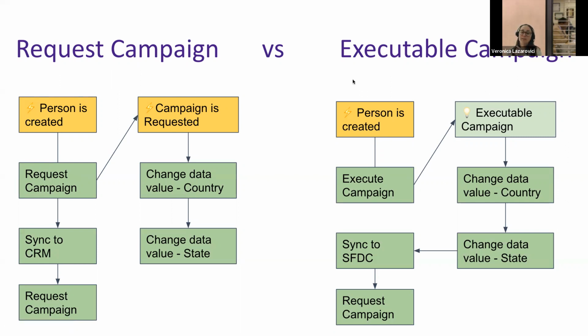Now, if we look at the second half of the screen here, you see the same setup. So a campaign where a person is created, the flow step here is execute campaign, goes to the child campaign, runs these two flow steps, and only after this is done comes back to the main campaign and continues.